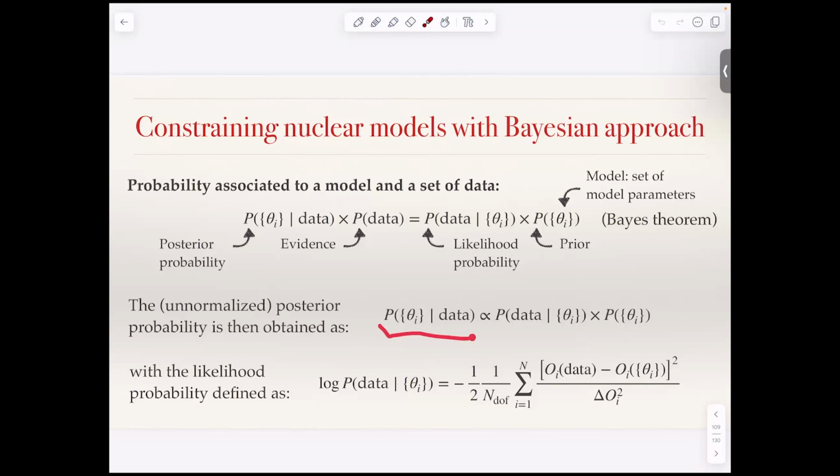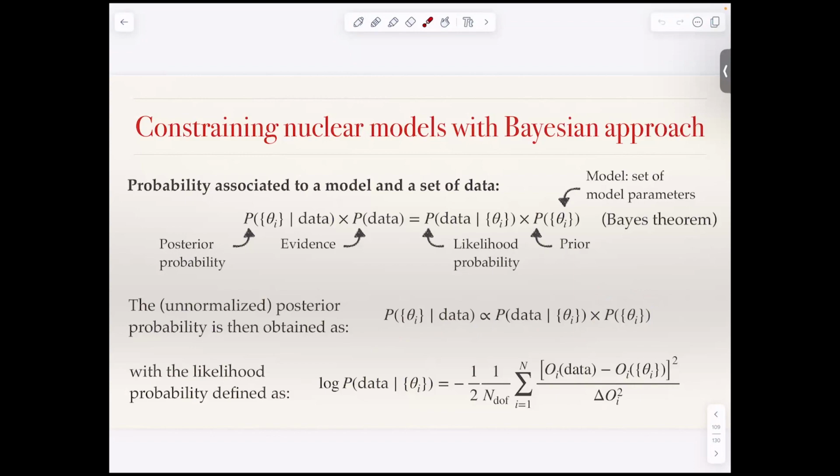The Bayes theorem tells you that the probability associated to your model is a product of the prior that you can infer on your parameters. For instance, you vary a parameter and you may say, I don't really know where it should be, but it should be between this value and this value.